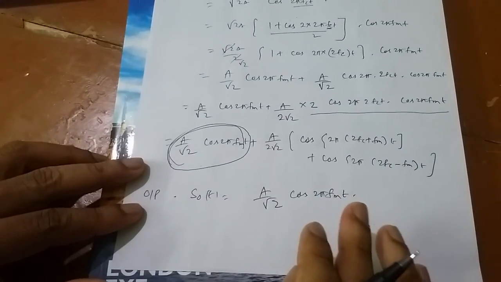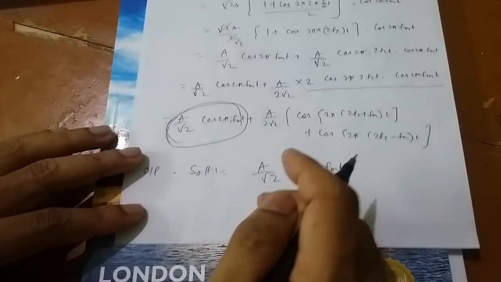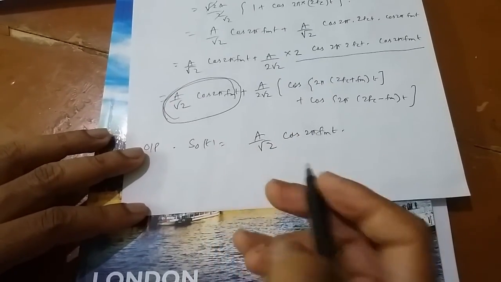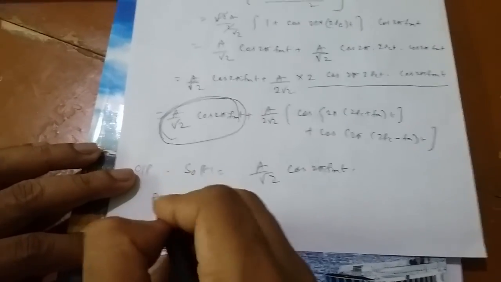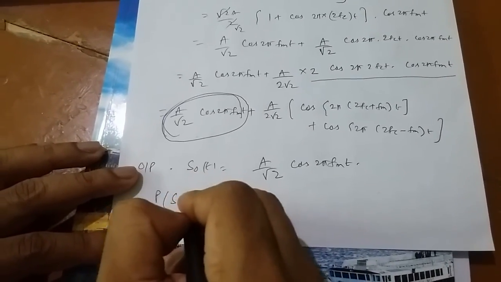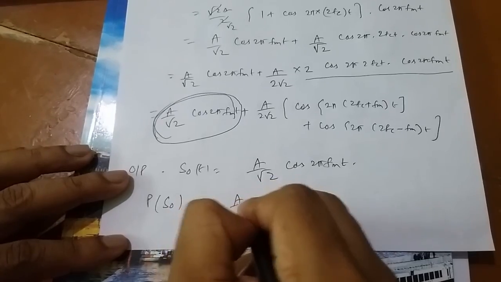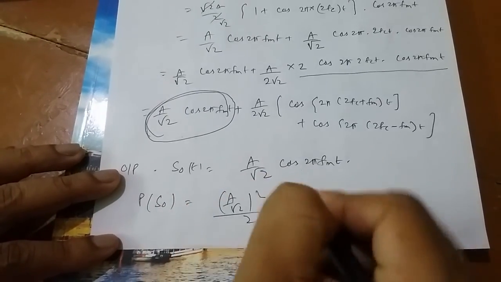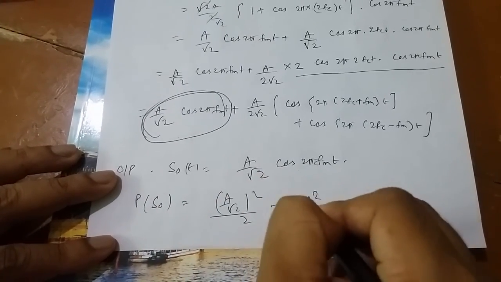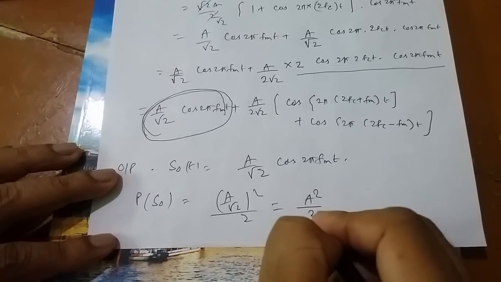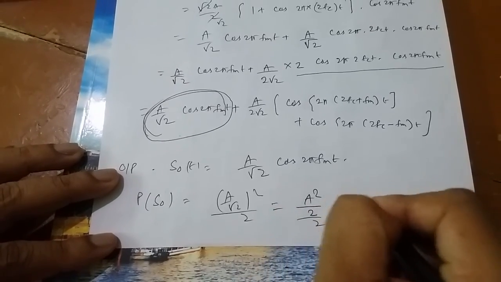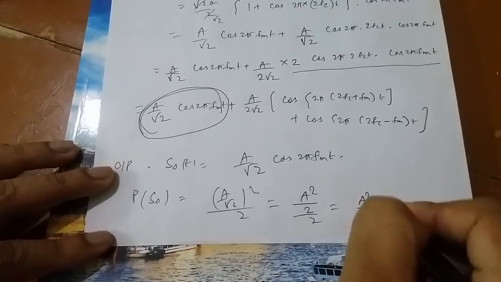So this is the output. Now its power, the output power, the power of S0 is amplitude square by 2, that is a square by 2 by 2, that is a square by 4.